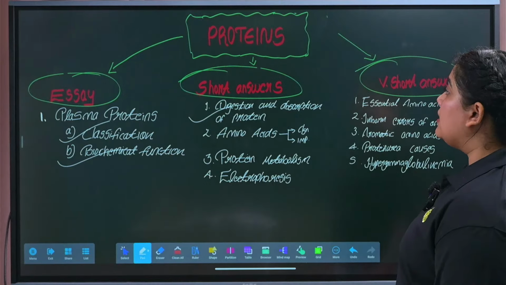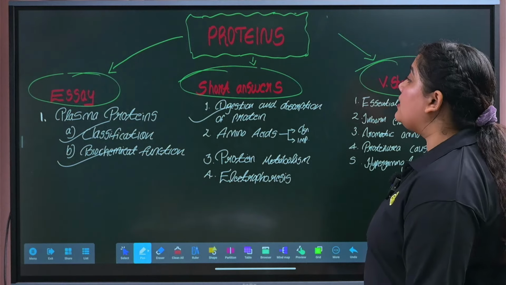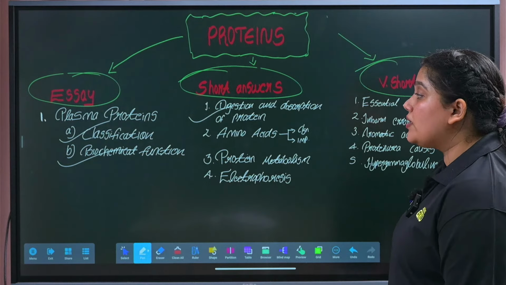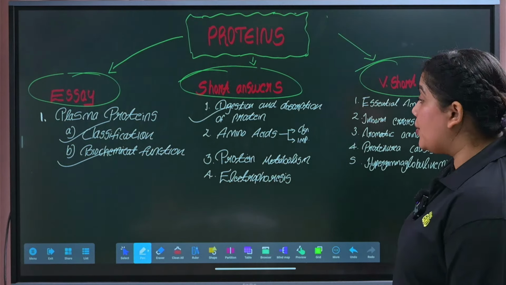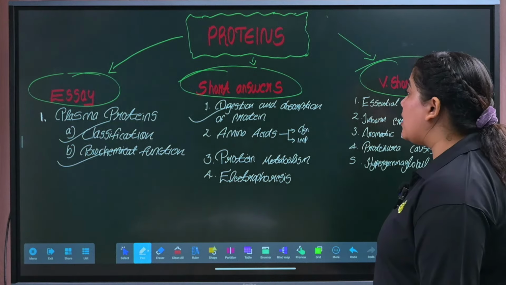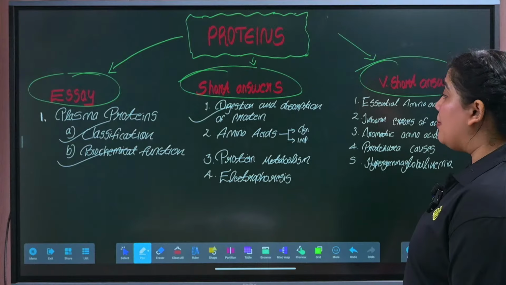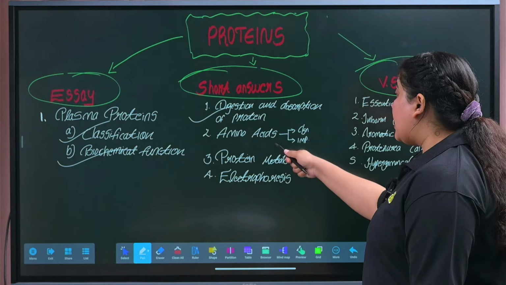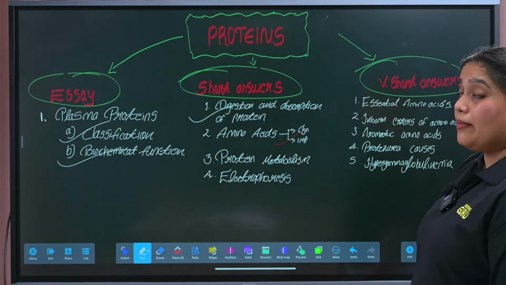Moving on to the third, the protein chapter. In that essay question, plasma protein, in that classification and biochemical function you have to write. Short answer, in that digestion and absorption of the protein, amino acid you have to include the classification and importance of amino acid.